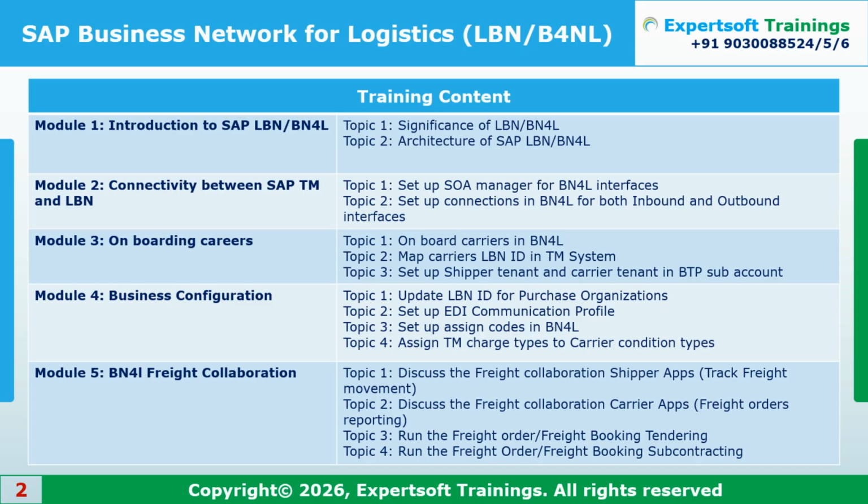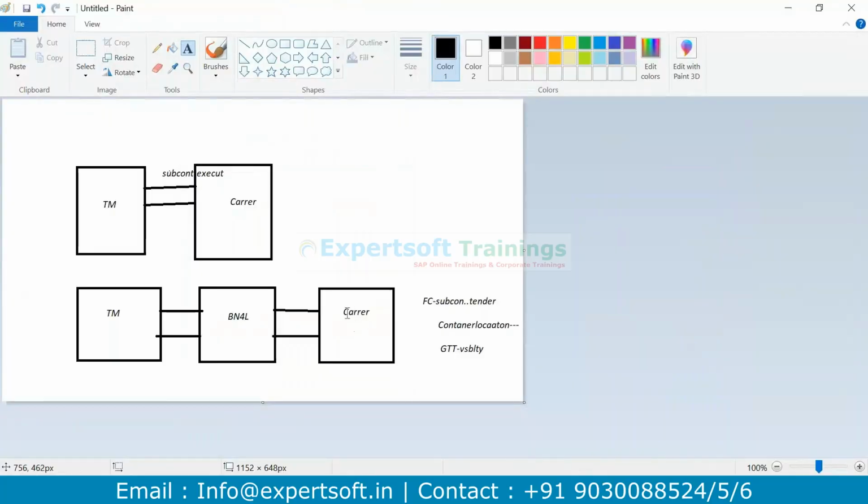The first topic is the importance of BN4L, and the next topic is the connectivity from TM to BN4L, how we are connecting TM to BN4L. The next topic is onboarding carriers: how carriers will be onboarded to BN4L, because BN4L is a cloud application. It is not GUI based.